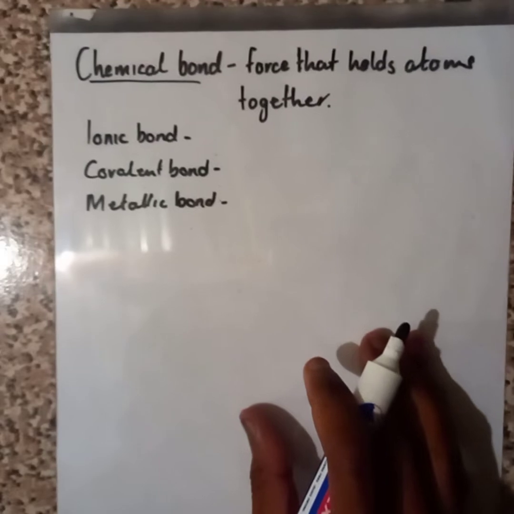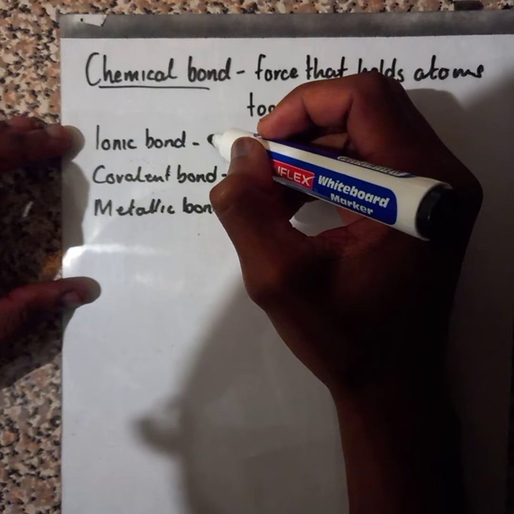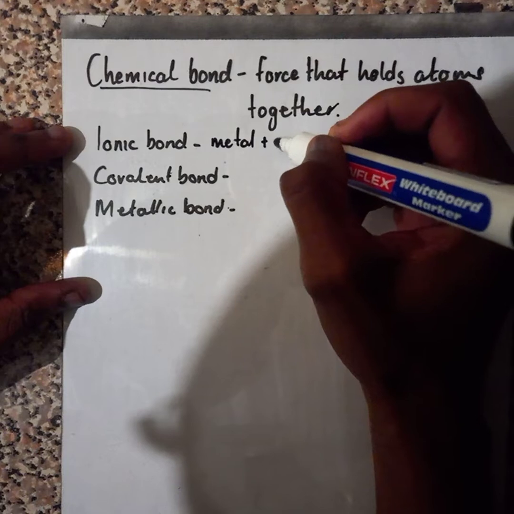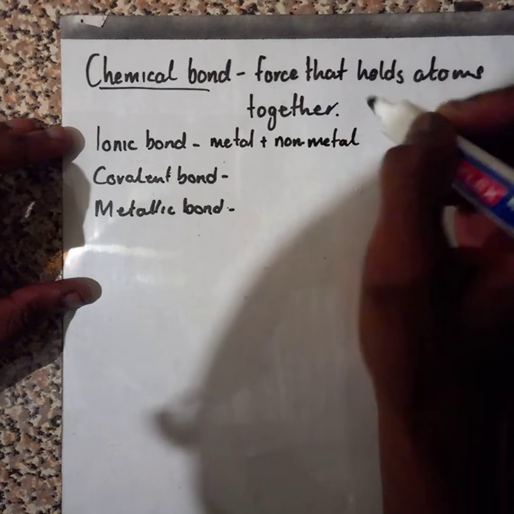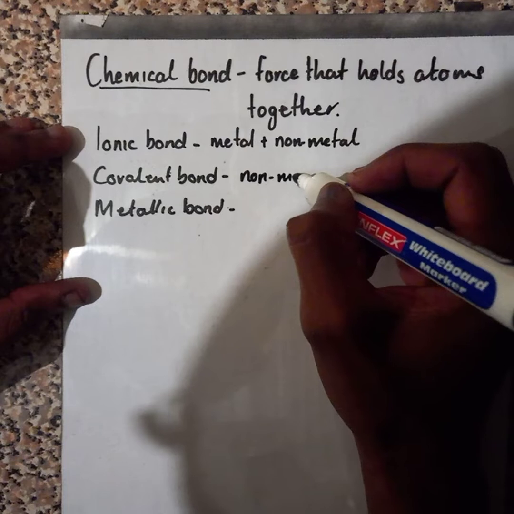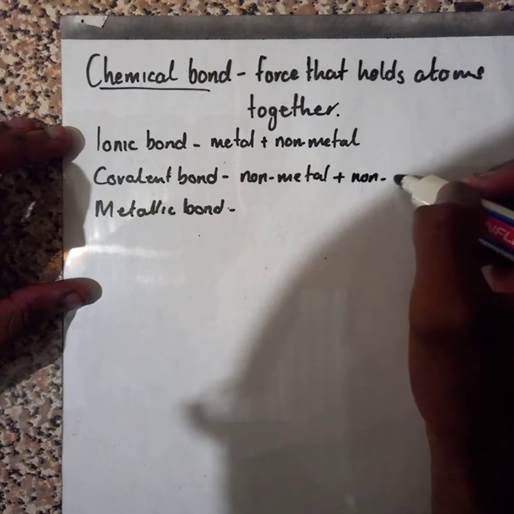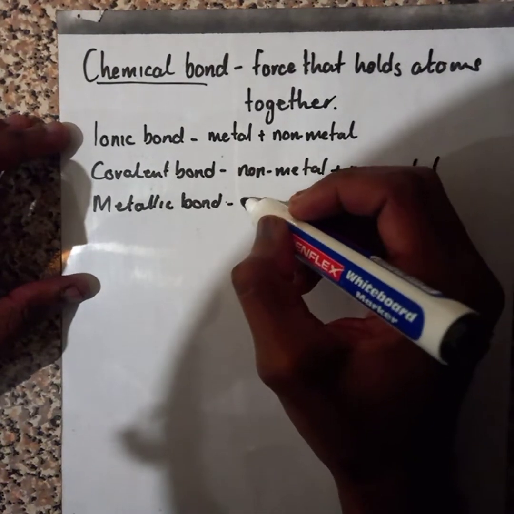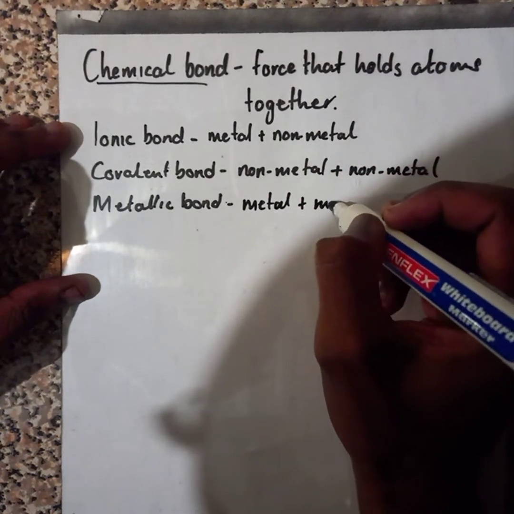Then, as a learner, you must know that as for ionic, it takes place between metal plus non-metal mostly. Then for covalent, non-metal together with non-metal. Then as for metallic, we have metals plus metal. See?